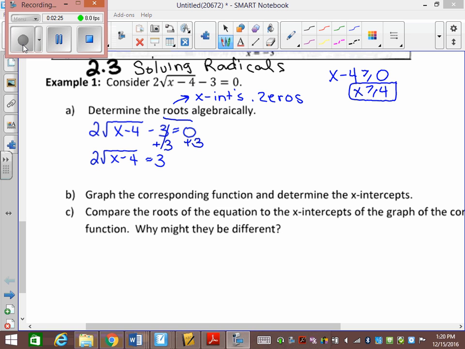So our next thing we're going to do is divide by 2. You can't square at this point. I guess you kind of could, but I wouldn't. So now you're going to have the square root of x minus 4 equals 3/2. Now we want to get rid of the square root, so we're going to square both sides.